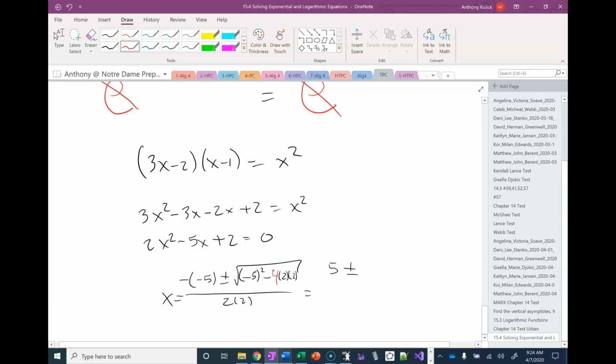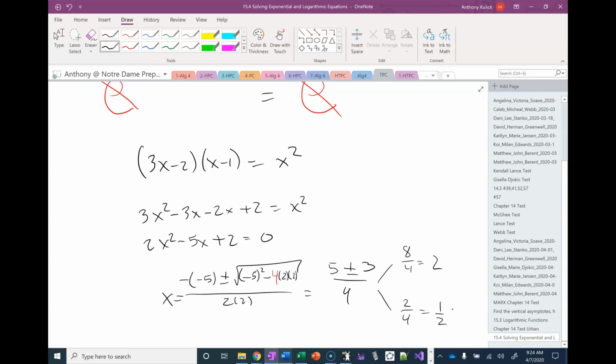So 25 minus 16 is 9, and the square root of 9 is just 3. So if I do 5 plus 3, that's 8 over 4, or just 2. If I do 5 minus 3, that's 2 over 4, or 1/2. So those are my two solutions, but I'm not done.